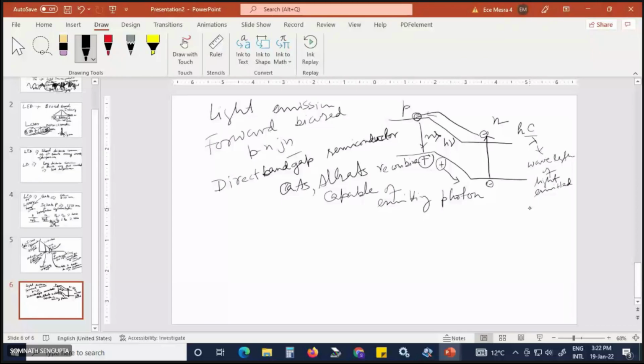They can be forward biased, but they cannot emit photons, indirect bandgap semiconductors. So we cannot use silicon or germanium because they are all indirect materials.